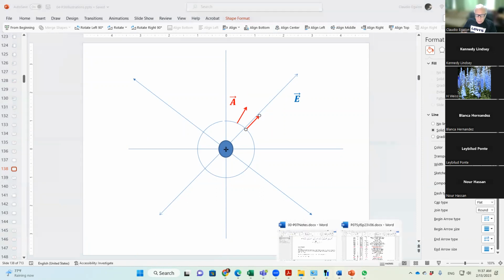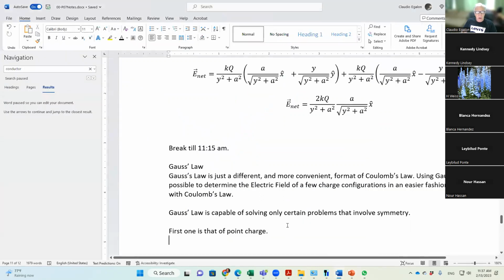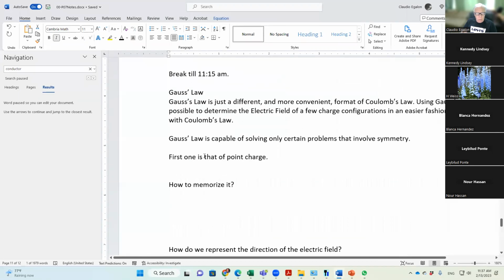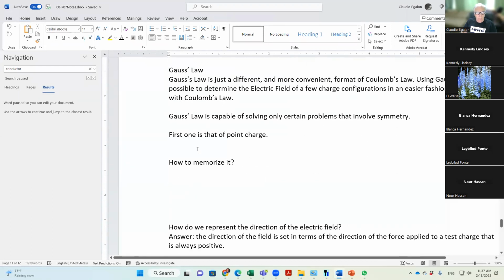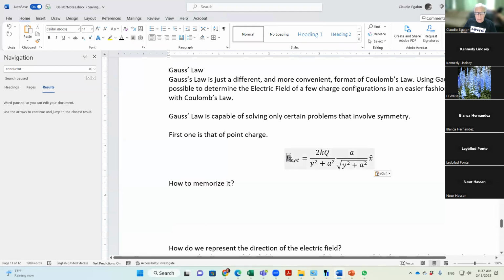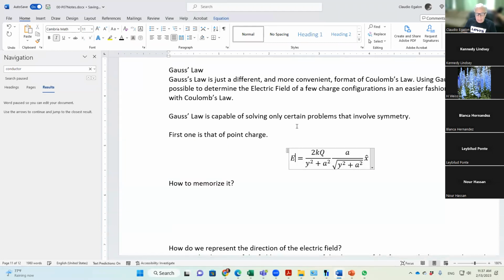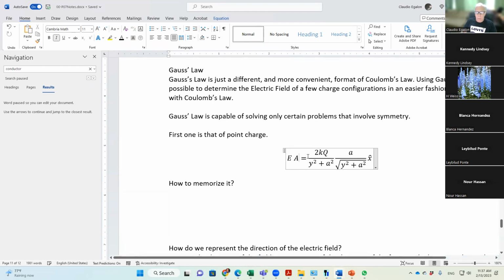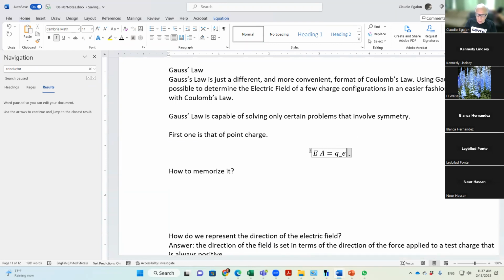Okay. For the case of a point charge, Gauss's law would be written like the following. E times A is equal to the charge enclosed divided by a constant that we call epsilon naught.